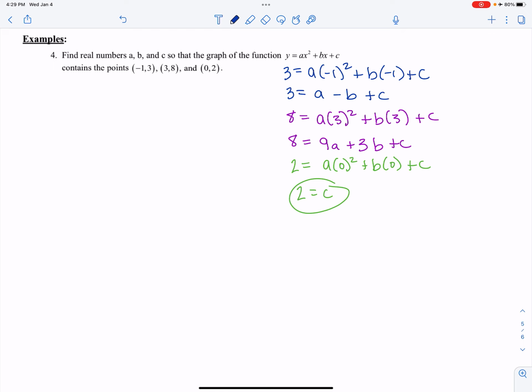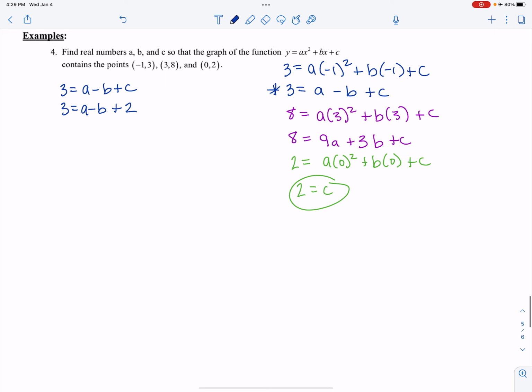I'm going to start here. So we have 3 equals a minus b plus c. But I know what c is. I know that c is 2. 3 equals a minus b plus 2. And if I subtract the 2 over, a minus b equals 1.